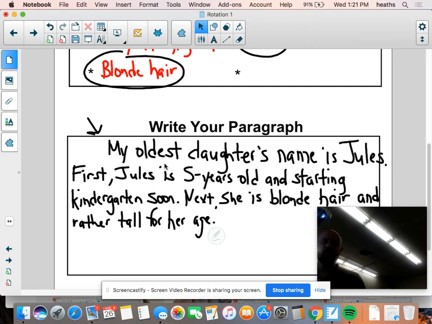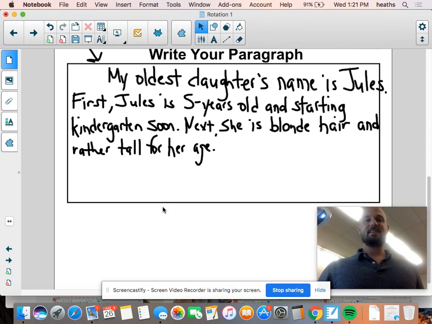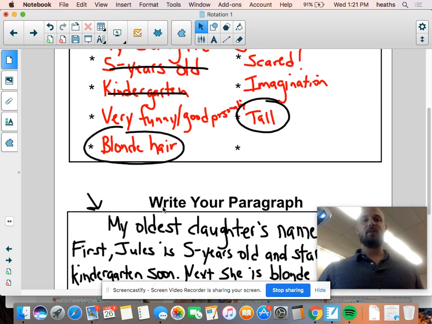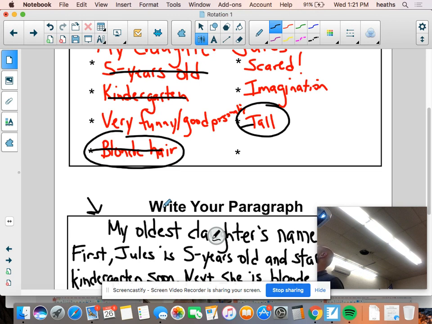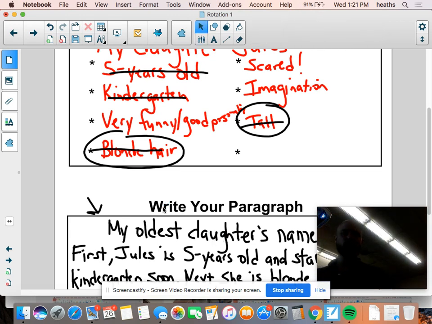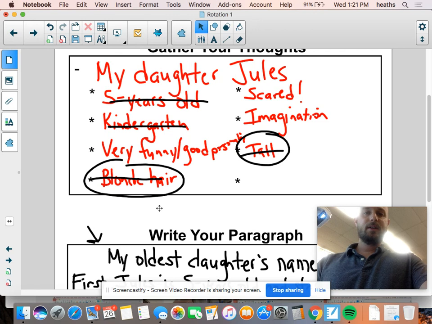Right, I'm starting to run out of room a little bit, so I'm going to scroll up. I just finished that sentence, so let me go back up and look at what else I have. So I talked about blonde hair and being tall. Next, I think maybe I'll talk about her being funny, good personality, and maybe even a good imagination.